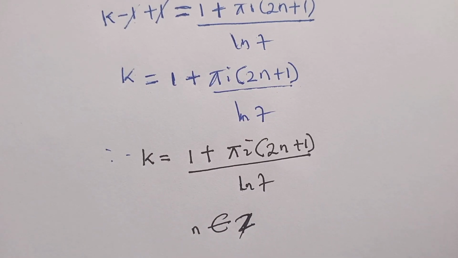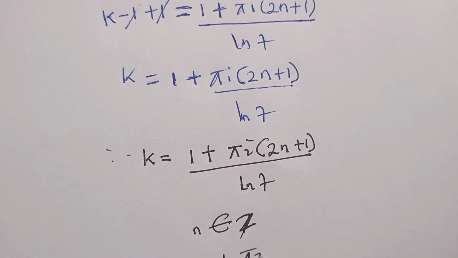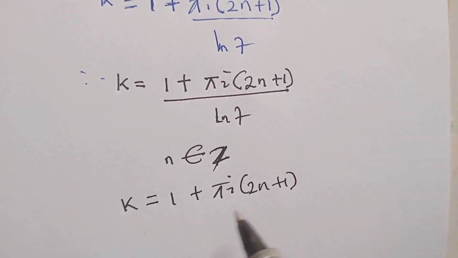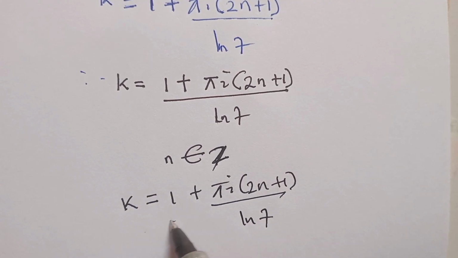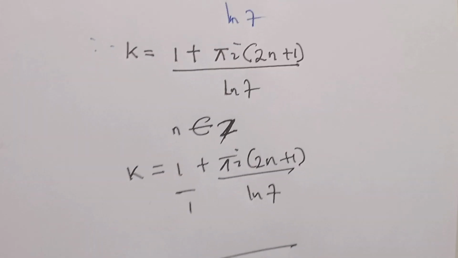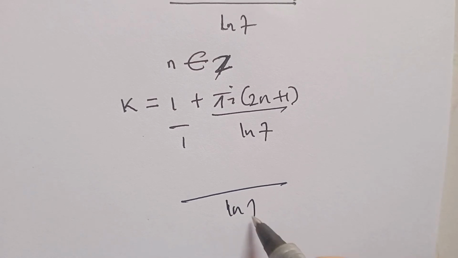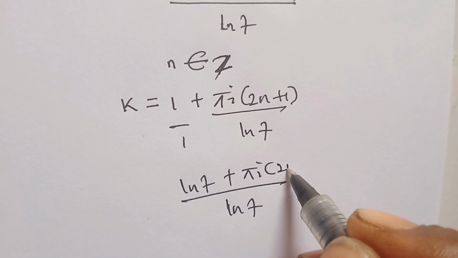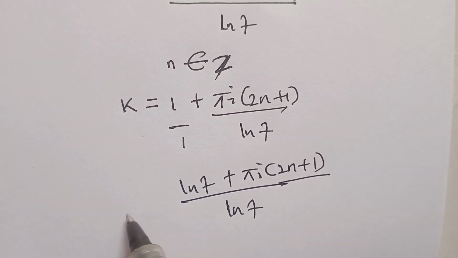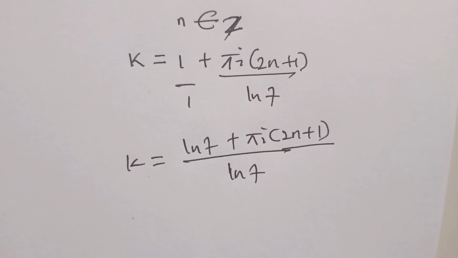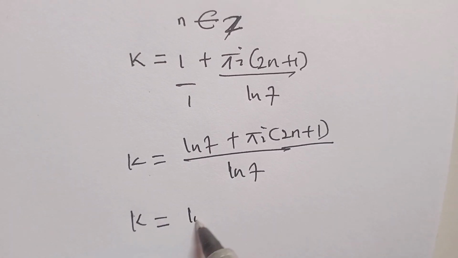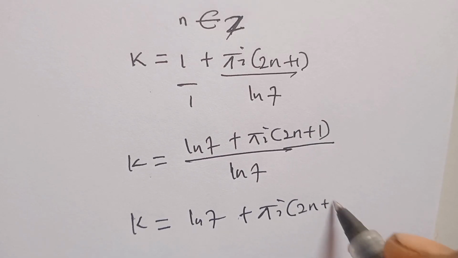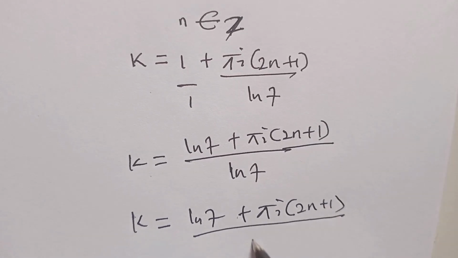So we have k equal to 1 plus pi i into bracket 2n plus 1 divided by ln of 7, with the 1 written as ln of 7 over ln of 7. Therefore k is equal to ln of 7 plus pi i into bracket 2n plus 1, everything divided by ln of 7.